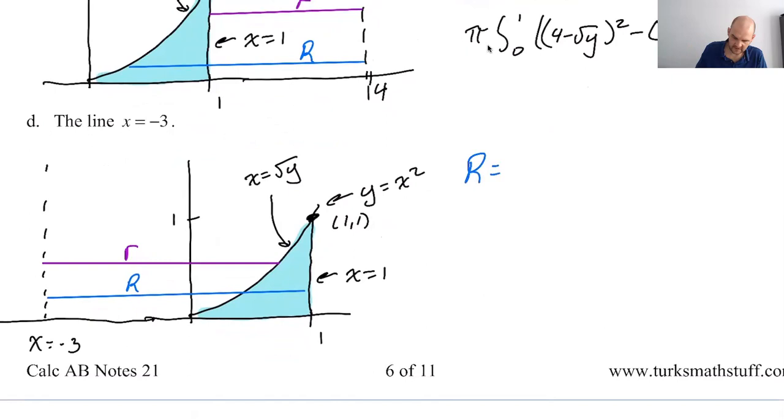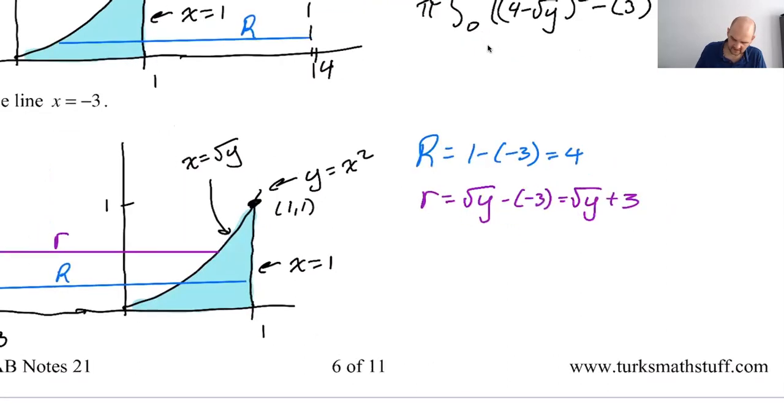All right, so right take away left. So it's going to be 1 minus -3. It's actually just a cylinder. Little r, right take away left. So this is the square root of y. This is -3. So the square root of y minus -3, which is the square root of y plus 3.